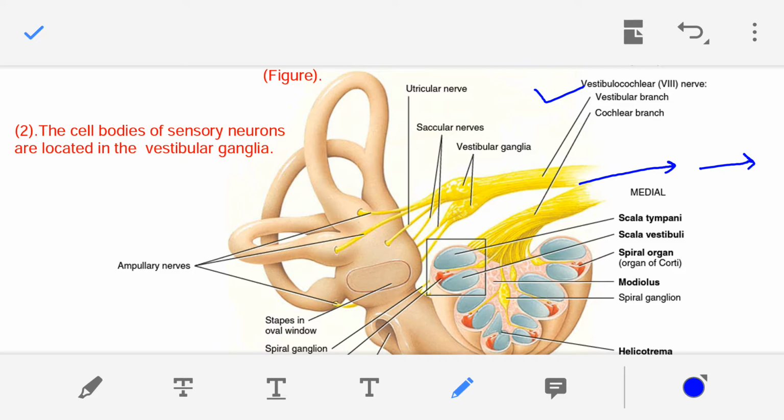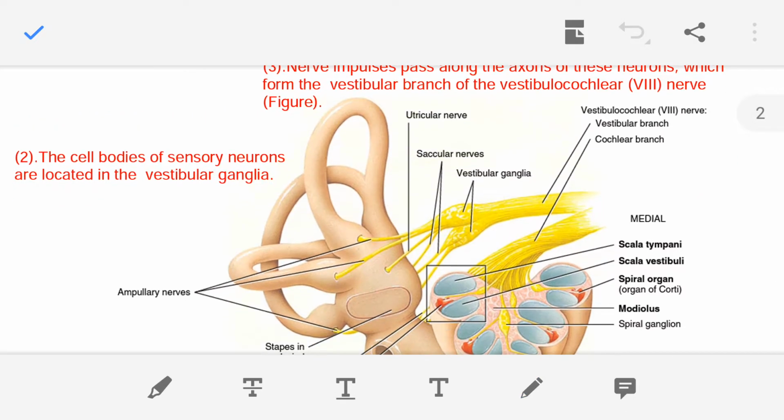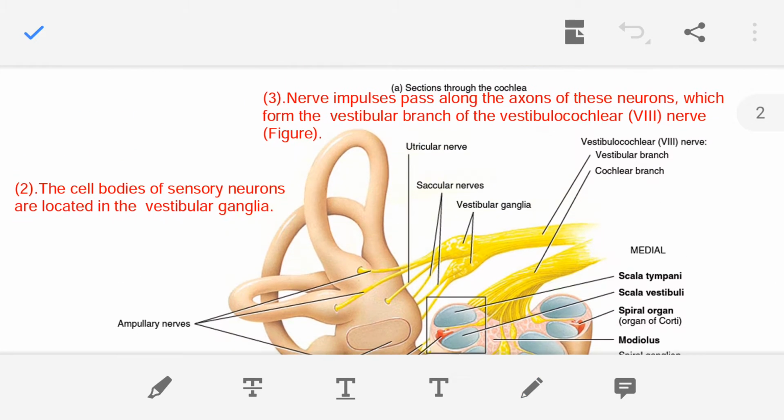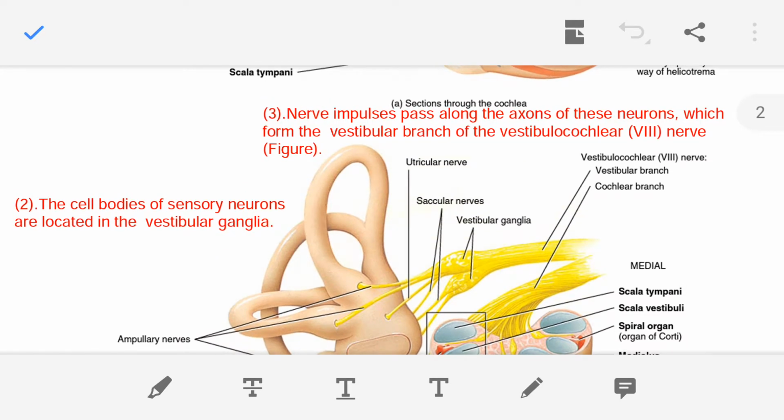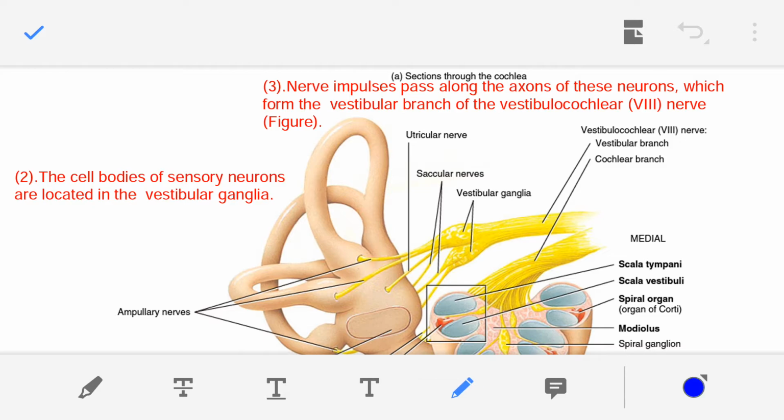The nerve impulses regarding equilibrium are sent to various brain centers. So where are these nerve signals related to equilibrium going? See over here in the third point: nerve impulses pass along the axon of this neuron.